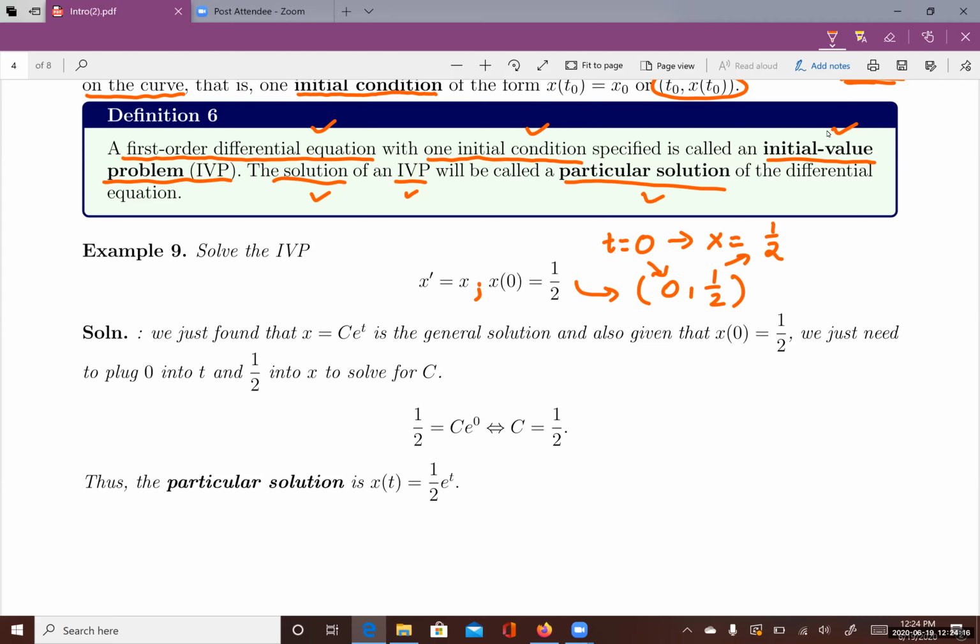Well, we already know that this is a general solution for this differential equation, and now we have an initial value. Then we just need to plug 0 into t and 1/2 into x, and solve for c. So 0 into t, e to the 0 is 1. So the right-hand side would be c, and x is 1/2. That means c equals 1/2.